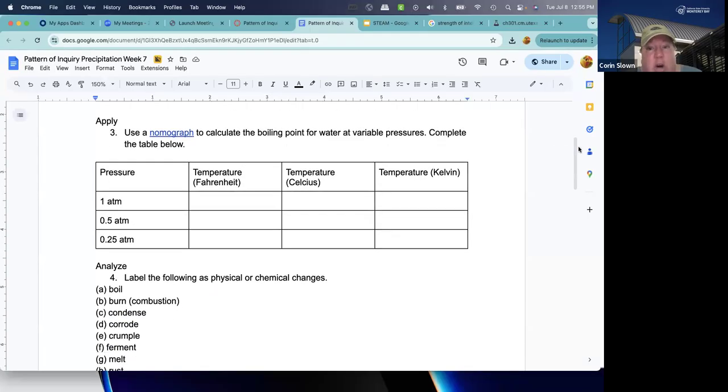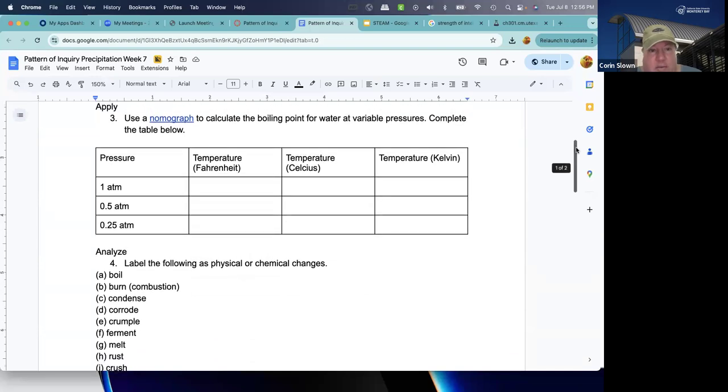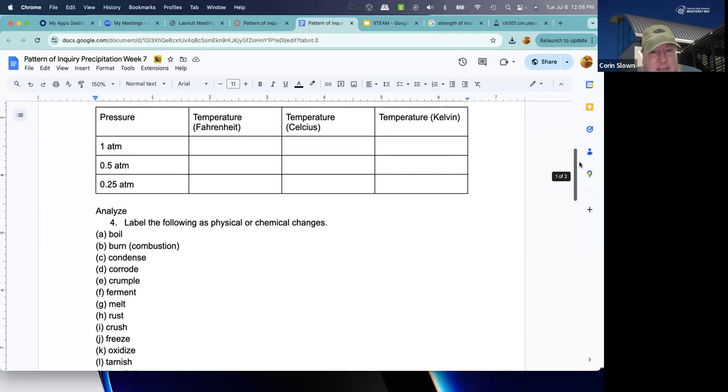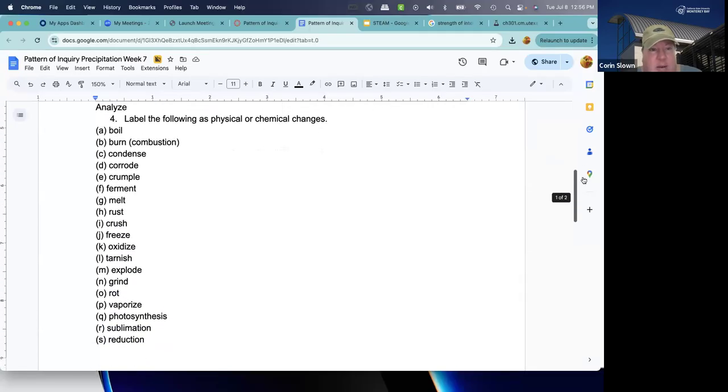And then we're going to use a nomograph. So we're going to calculate the boiling point for water at various pressures. That's a super useful tool for anything from distillation to certain industrial processes. And then I want you to go through the thinking to make sense of physical and chemical changes, but really to think about them in terms of, if it's a physical change, what intermolecular forces are in play.